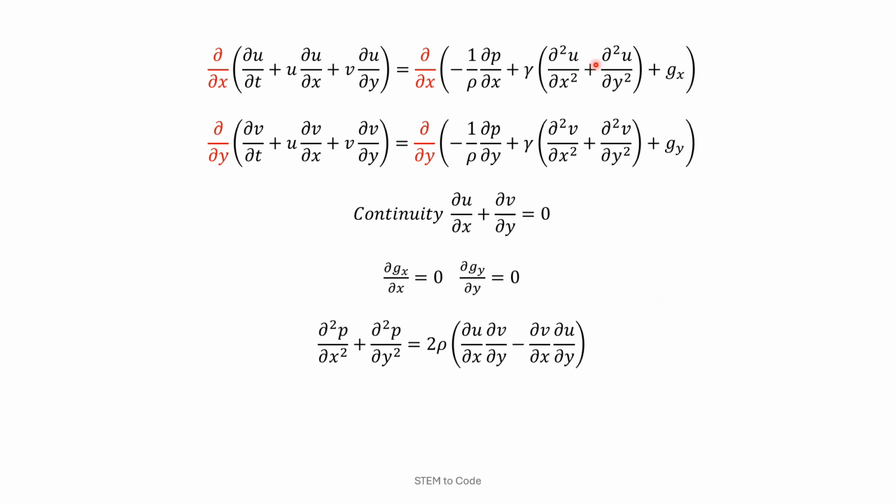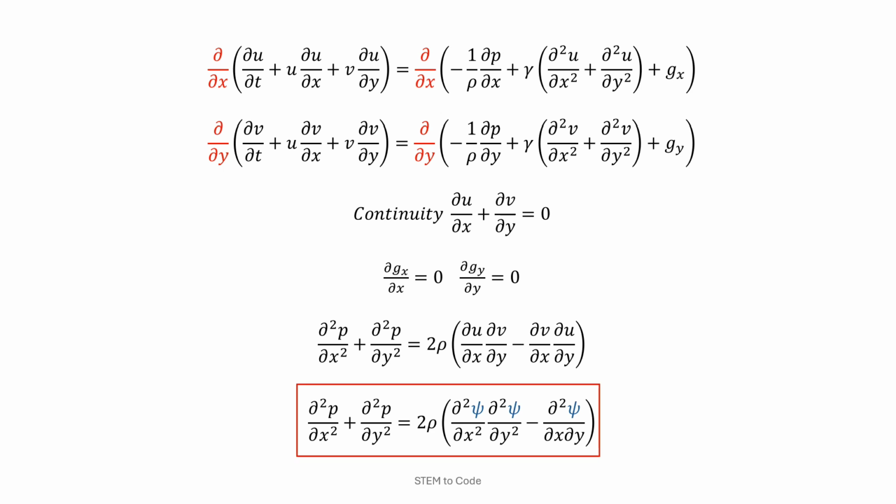So we can substitute u and v in terms of the derivatives of the stream function, and the equation that we obtain at last will look something like this. And this is the pressure equation that will determine the pressure field in the domain.